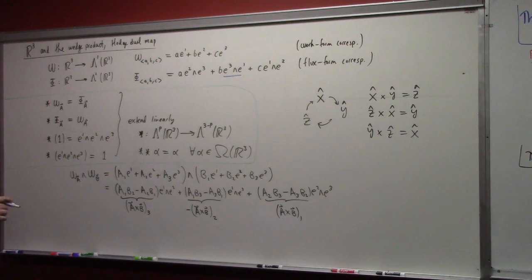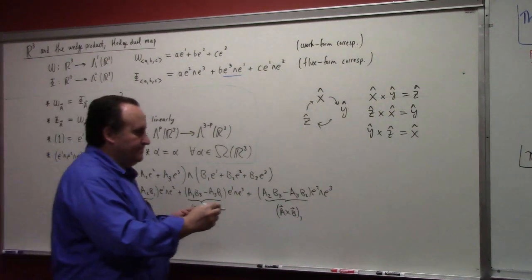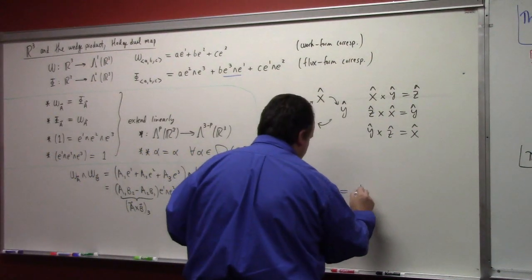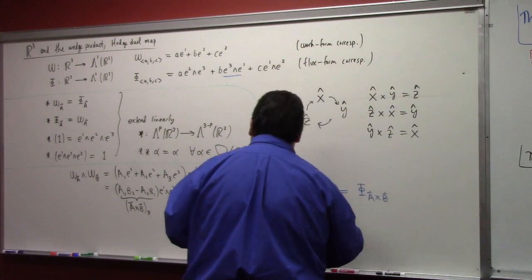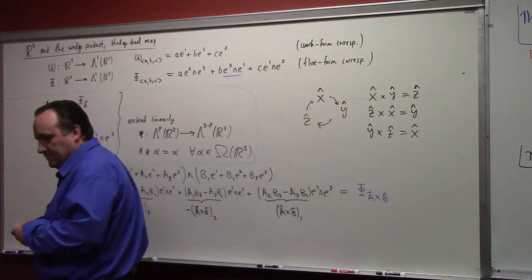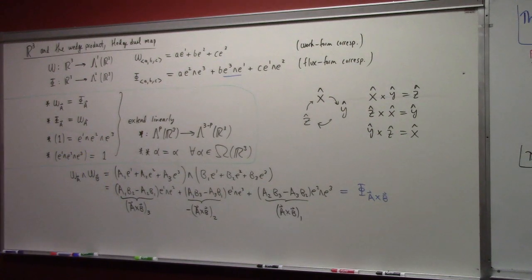See, because this is the flux form of the cross product. That's what's going on here. So the wedge product of 2 1-forms gives me the flux form of the cross product of the vectors to which they correspond. This is how the cross product and the wedge product are related.